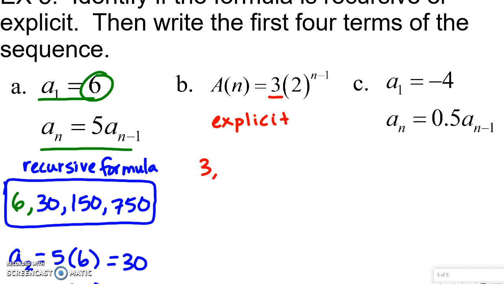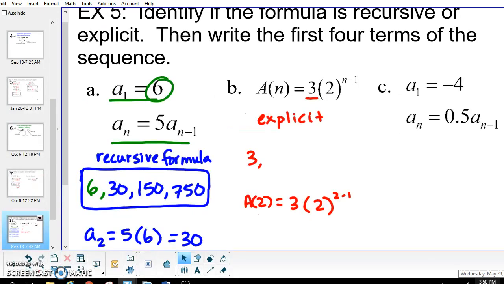So really what we're doing is if you want to find the second term, you're doing a of 2. That's just saying you want the second term. 3 times 2, and then you have that 2 minus 1. Now, if you have to type this in your calculator, go ahead and do the exponent, that subtraction, in your head. 2 minus 1 is 1.